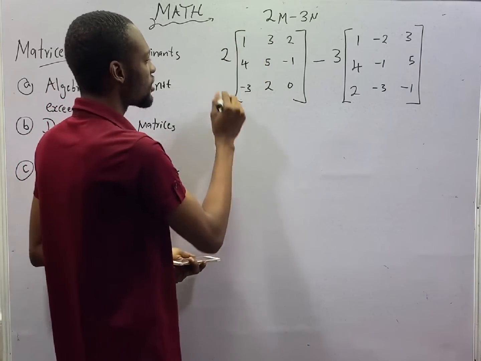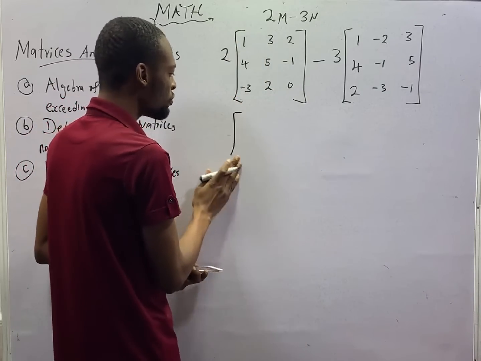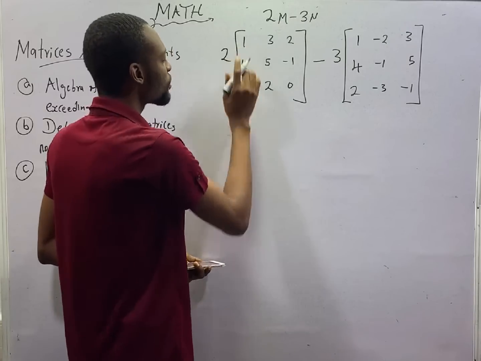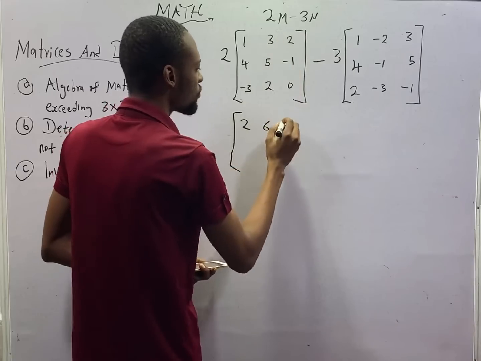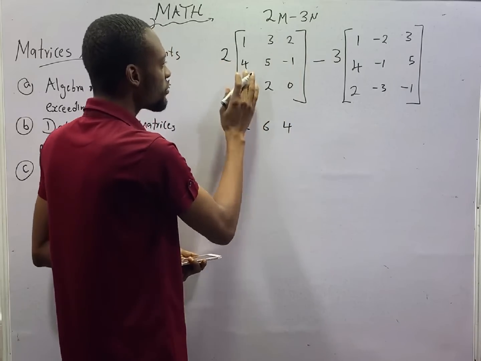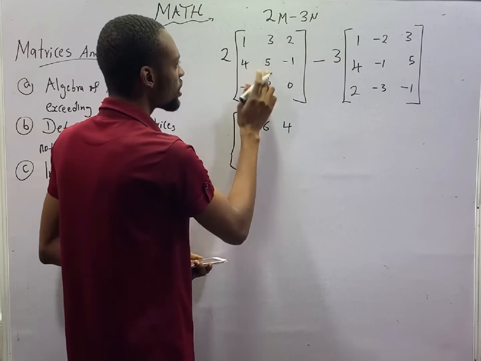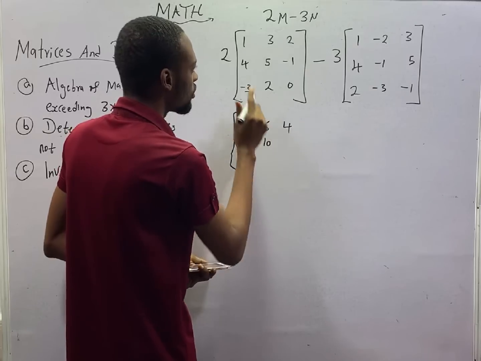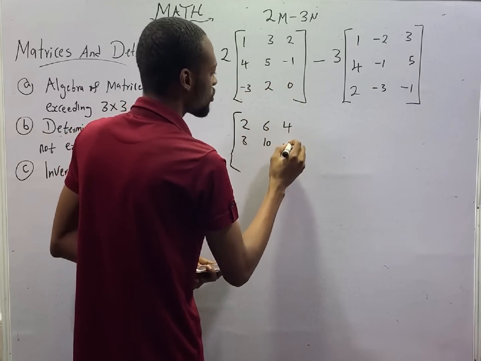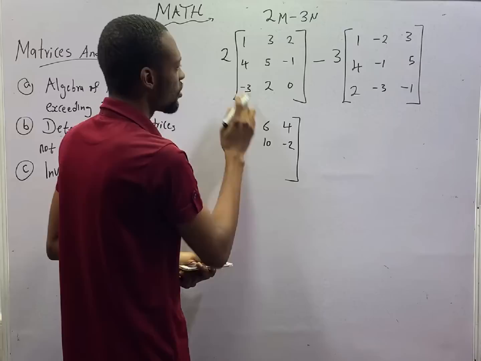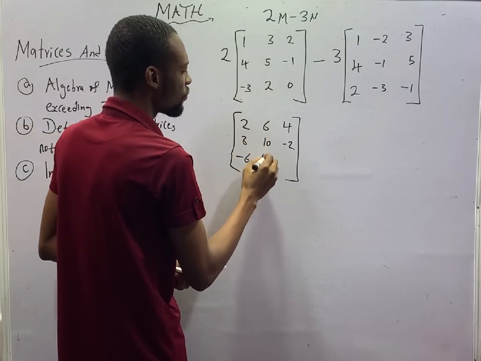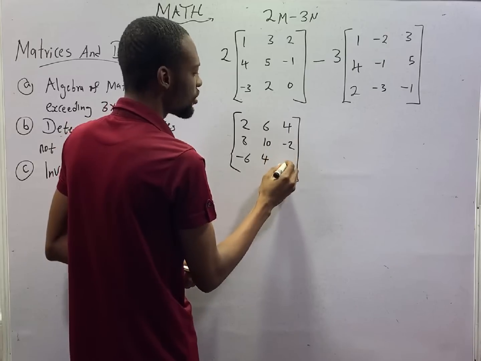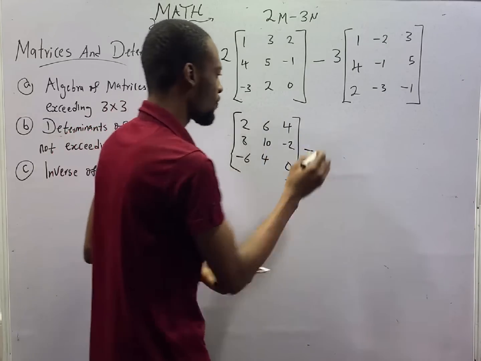In this case, 2 times this guy will be 2 times 1, 2, 2 times 3, 6, 2 times 2, 4, 2 times 4, 8, 2 times 5, 10, 2 times minus 1, minus 2, 2 times minus 3, minus 6, 2 times 2, 4, 2 times 0 is 0.